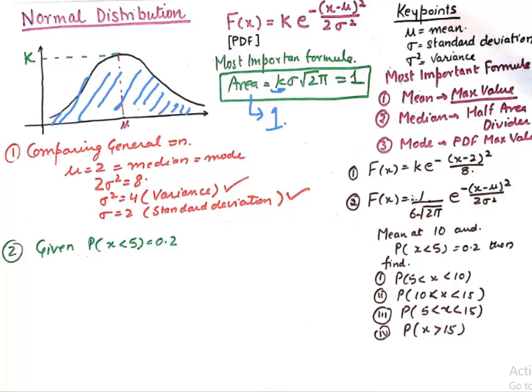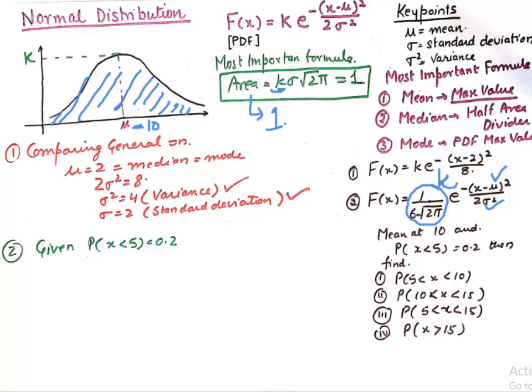Now in the second question, let's look at this, where the normal distribution is given something like this. So this portion is k, and you need to find out mean and standard deviation or variance, and it is given that the mean is located at 10 and the probability of x less than 5 is 0.2.